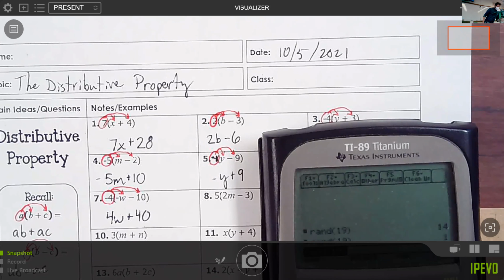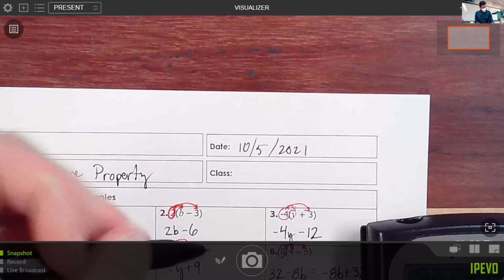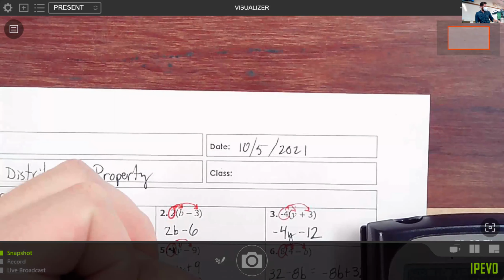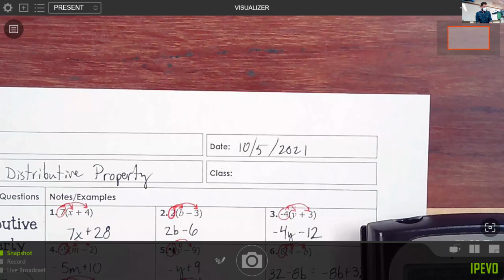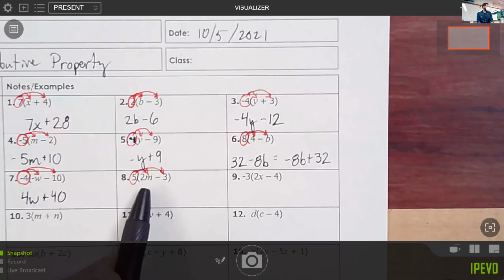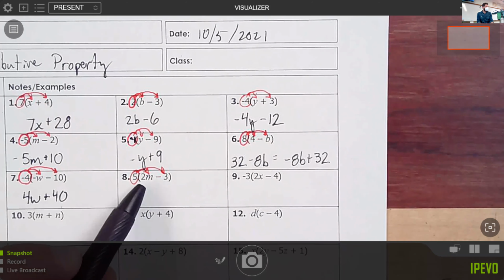There you go. Thank you. All right. So we got distributive property. 5 times 2m is 10m. Now, this is the first one I think we've run into where the variable on the inside of the parentheses has a coefficient, right? There is a number in front of it.